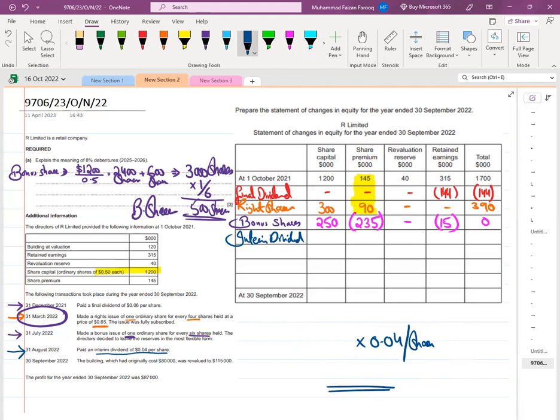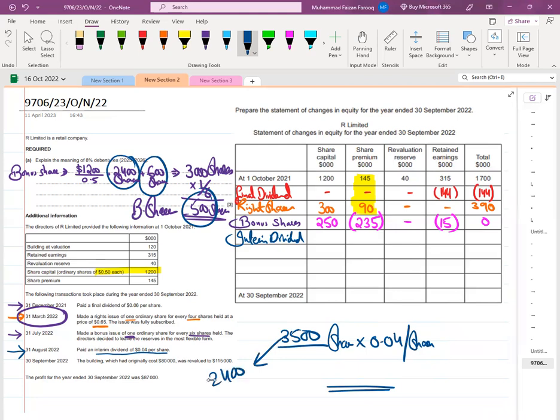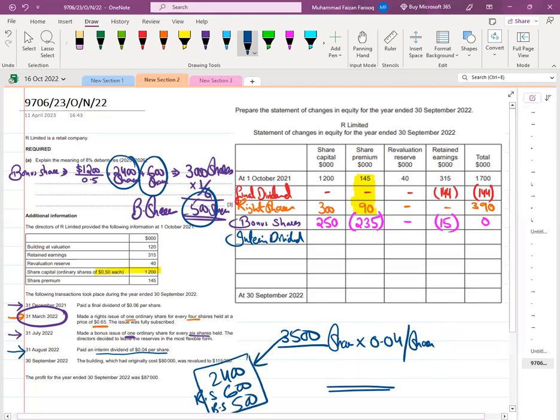We need to multiply it with the number of shares. We had 2,400 shares in issue. Then we issued 600 and then we issued 500. Which number should we take here? 3,500. 3,500 shares. Why and how? Sir, 2,400 earlier, 600 right, and 500 bonus, right? All together 3,500.